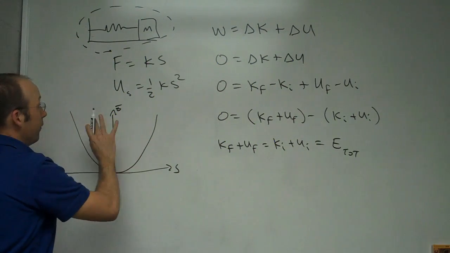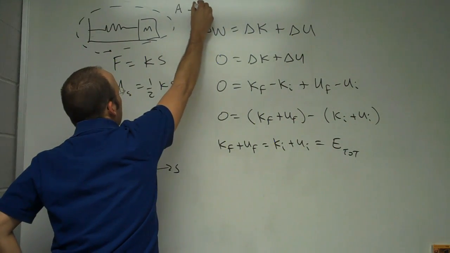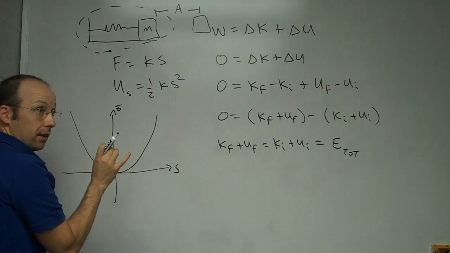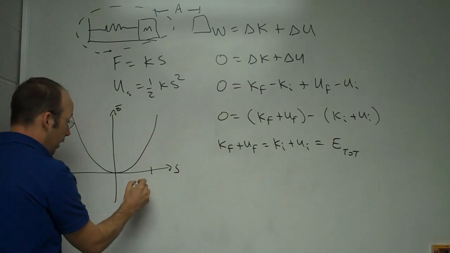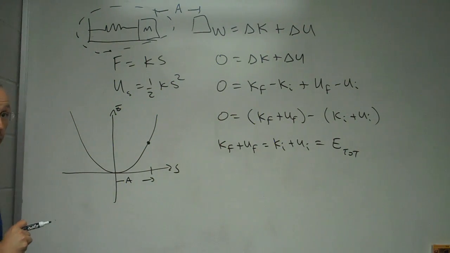And let's say that I pull this over here a distance A, and I let go. Well, at that instant, it's not moving, and it would be at a location A, and we could represent it as that dot right there.